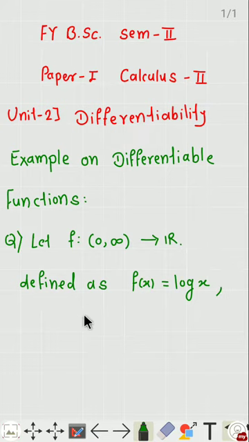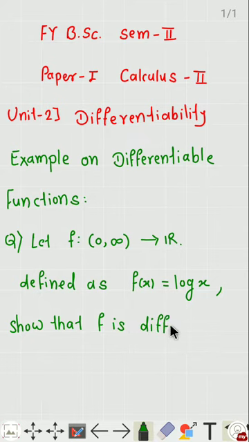Show that f is differentiable on 0 to infinity.